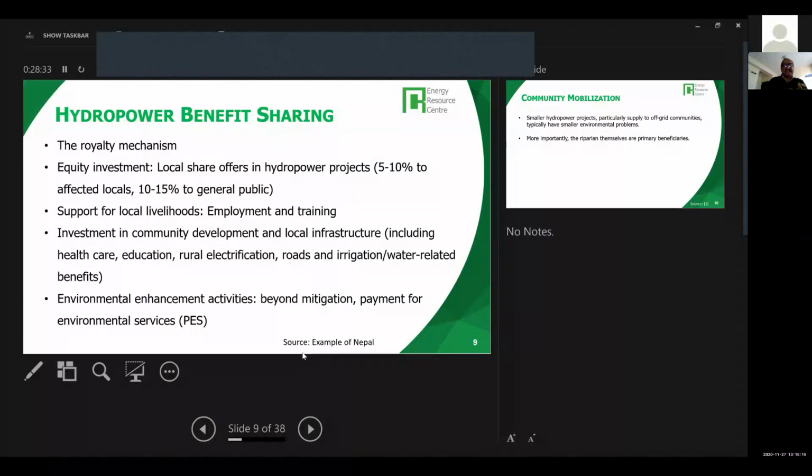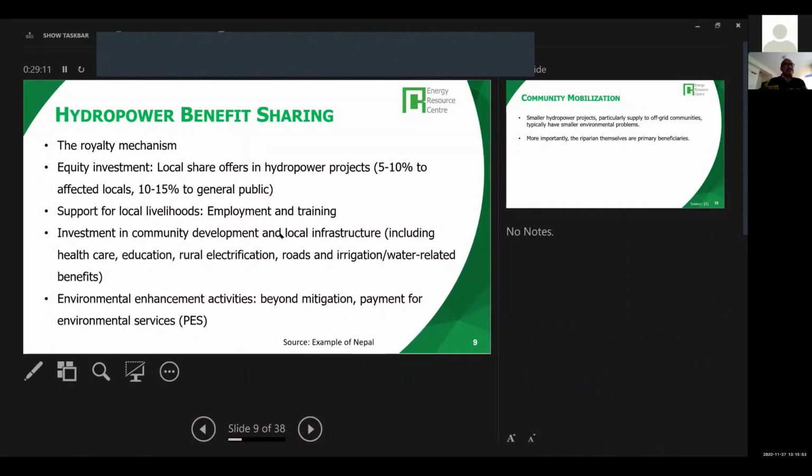Similarly, as I said, in the example of Nepal, we have the royalty mechanism I just explained. I also mentioned this in my previous sessions, lectures. There is an equity investment. Local share offers to hydropower projects are 5 to 10% of the equity share offered to the affected locals. 10 to 12% is offered to the general public, so that even in the investment, the local communities and general public are involved.